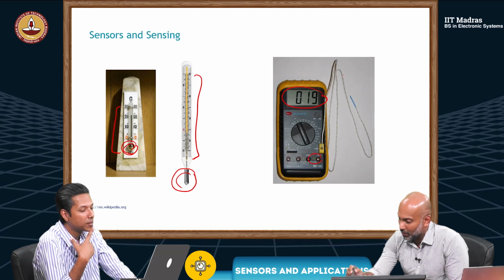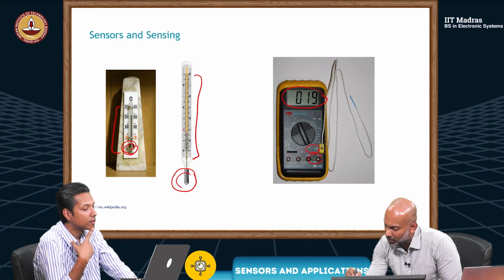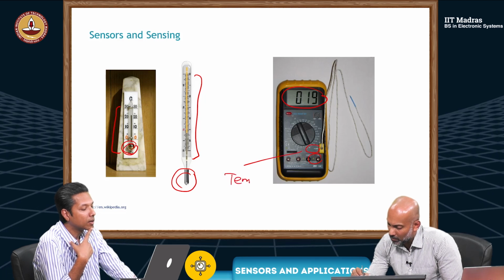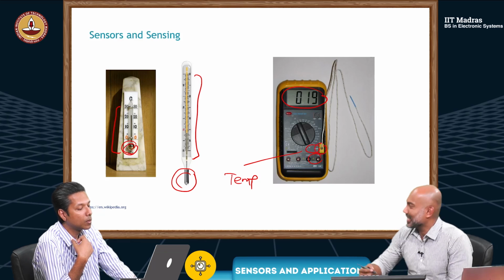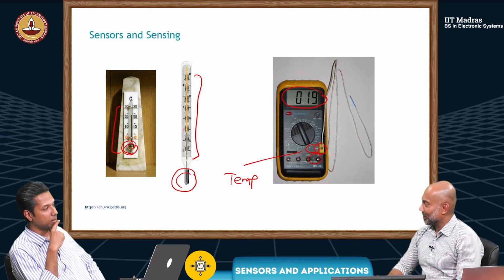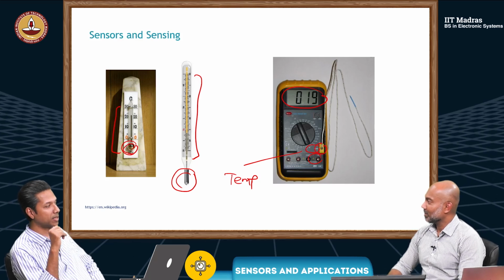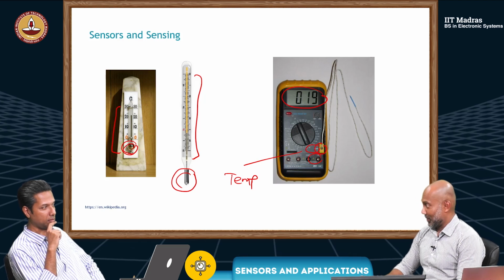It's connected to something here, and if you look closely, you can see this is temperature. So if this is temperature, what do you think this is connected to? It's measuring temperature. It could be some resistive temperature element, but I don't know what element it is.